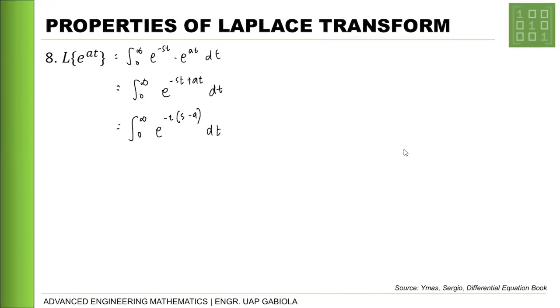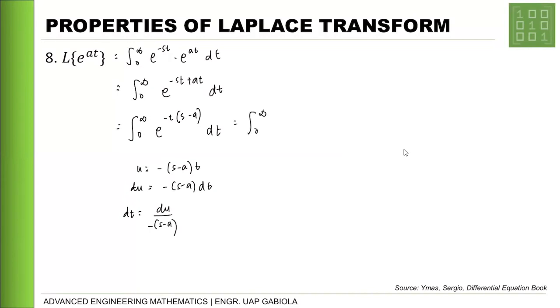So we can have u is equals to negative (s minus a)t. So ang du natin dyan is negative (s minus a) dt. So pag kukunin natin si dt, we should have du over negative (s minus a).